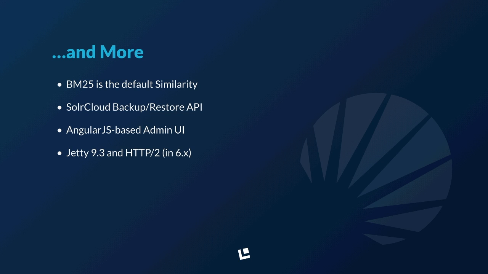Let's see, similarity is changing. In Solr 6, BM25 will be the default similarity. And if you're not totally familiar, similarity is the Lucene class that's used for scoring. In Lucene 6, the default similarity is based on BM25 instead of TF-IDF.